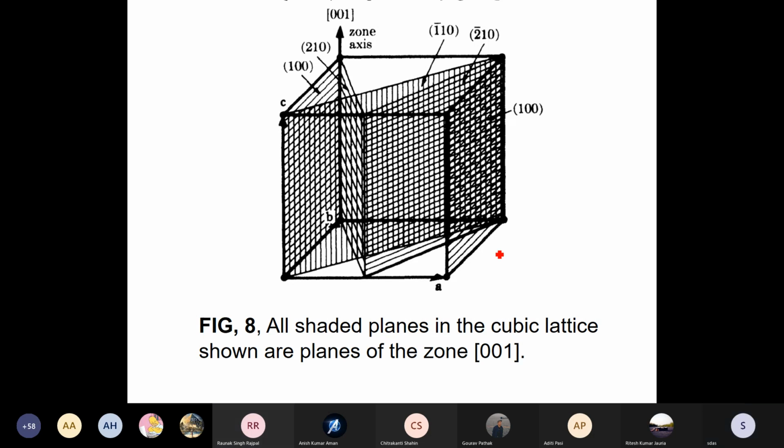Yes, sir. So if you take the cross products of the indices of each plane, what value will you get? Say bar 1, 1, 0 and bar 2, 1, 0.